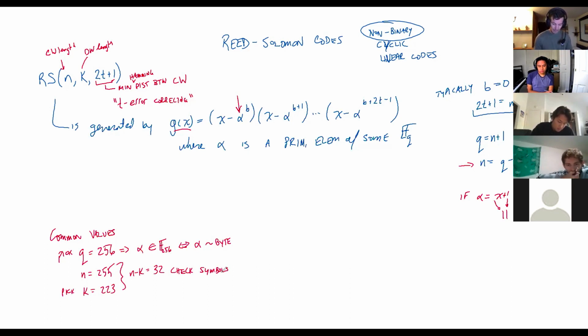Since we have picked 32 check symbols, what this tells us is that we can correct up to 16 symbol errors per block.